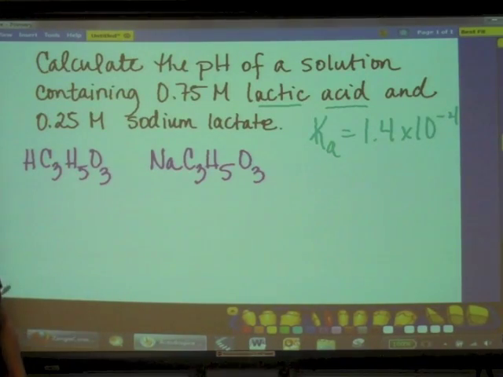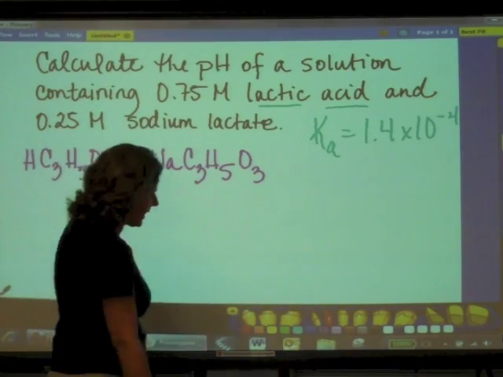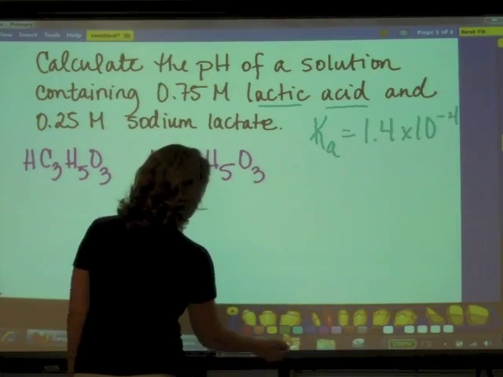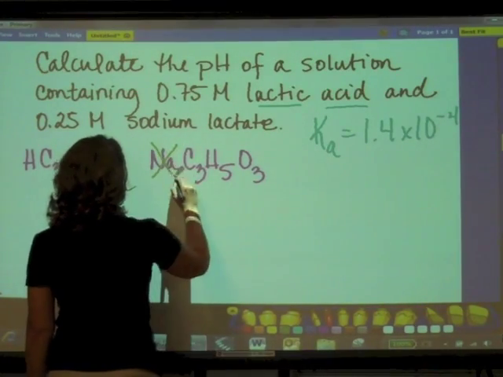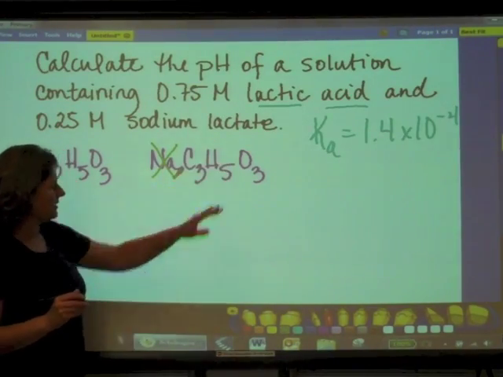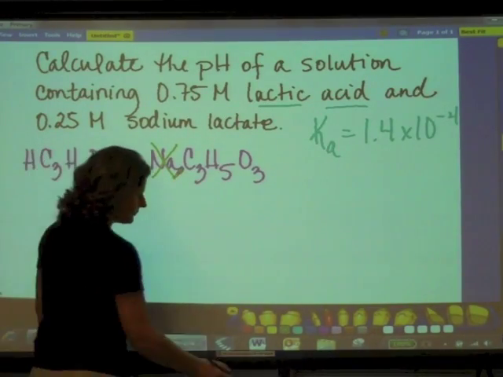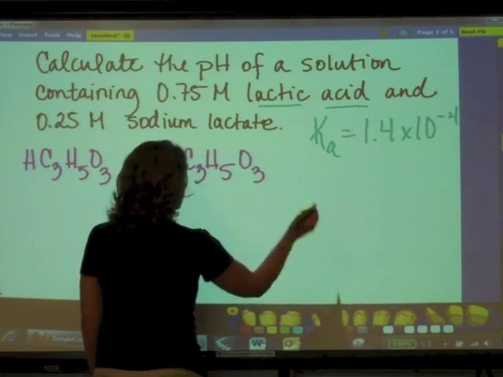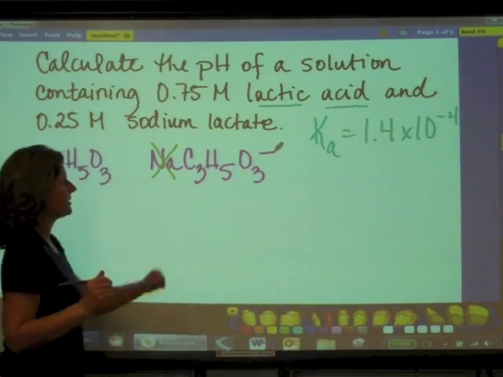No, because it is the cation of a strong base. So I'm just going to go ahead and cross out my sodium. And really the only thing then that's going to give me some issues is that lactate ion.